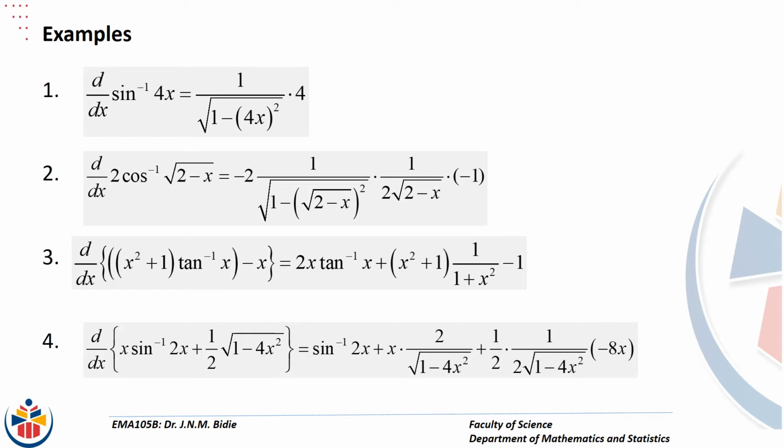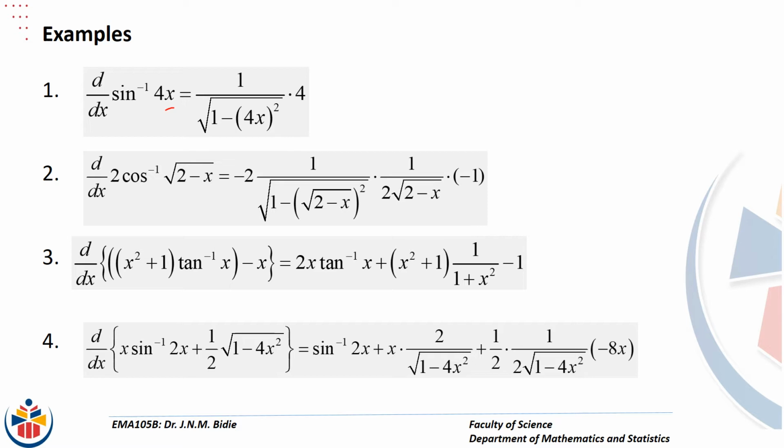Remember, now in place of u, we have 4x. So we know that we'll have 1 over the square root of 1 minus u squared, which is 4x all squared, multiplied by du over dx, which is the derivative of 4x, which is 4.